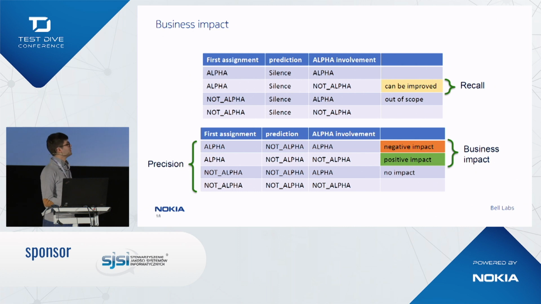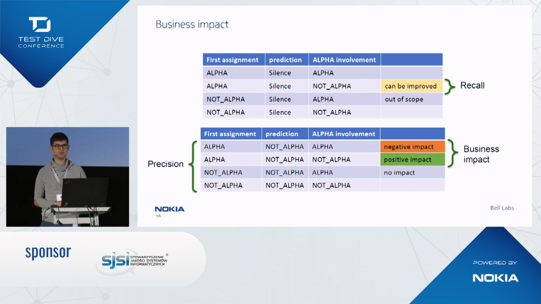But as I said before, precision was our initial goal, because only with high precision can we use such tools in decision support systems. If one sees that a tool sometimes gives wrong predictions, then it won't be listened to anymore. So high precision was very important for us. However, from the business perspective, only the first two rows in the second table were important.